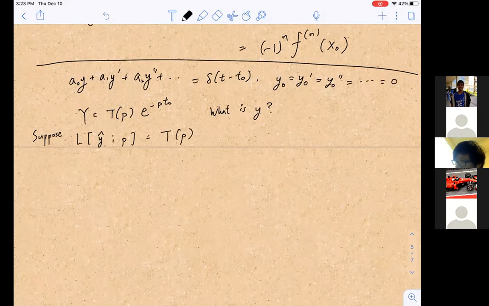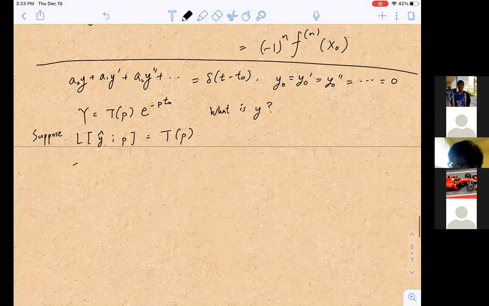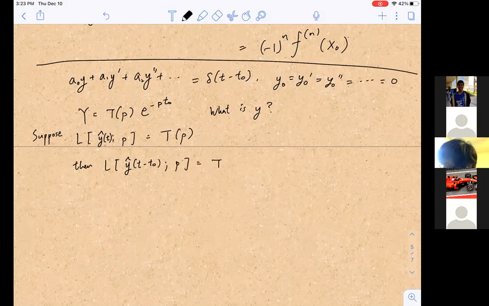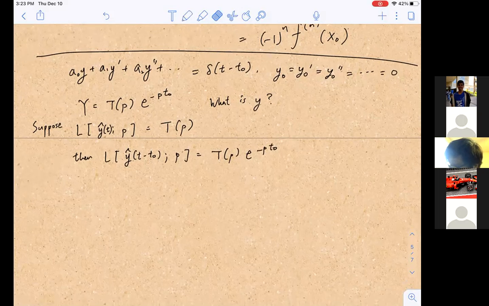So it's like you're solving the differential equation without the delta function. Then the Laplace transform of y hat of t minus t0 is T of p times e to the negative p t0. Okay, so the solution y of t is this y hat of t minus t0.